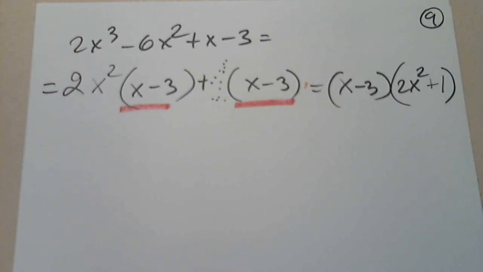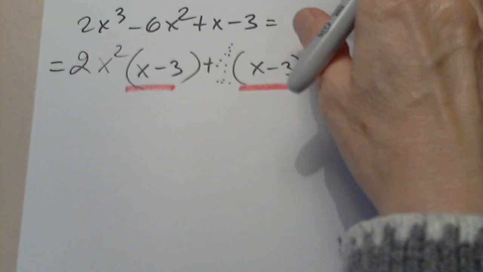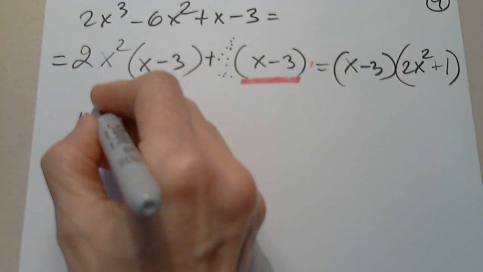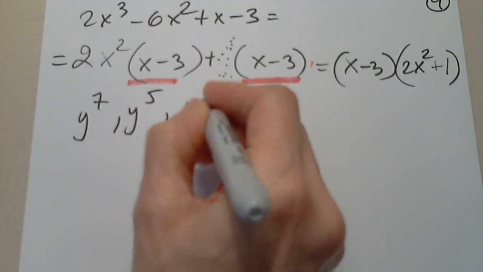Okay, so practice 6.1. Now we have everything. Now we can do everything. We know the entire strategy. Now, for this example, because I think some of you have difficulties with the greatest common factor: y to the 7th, y to the 5th, and y to the 8th.